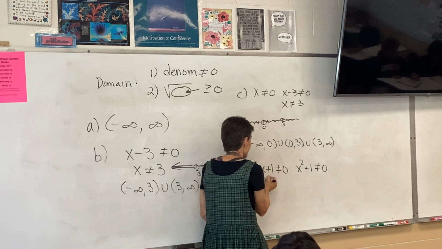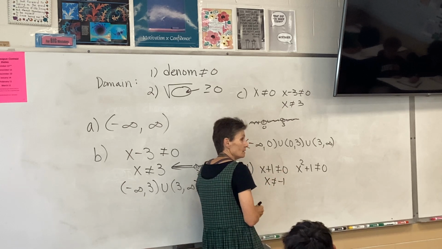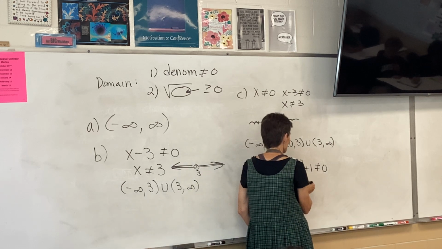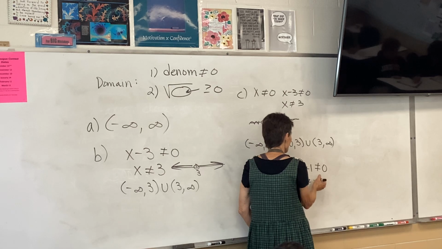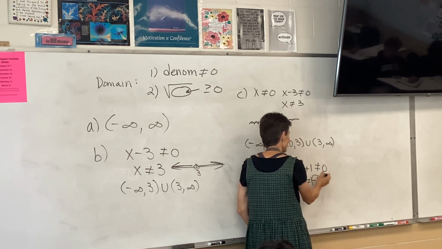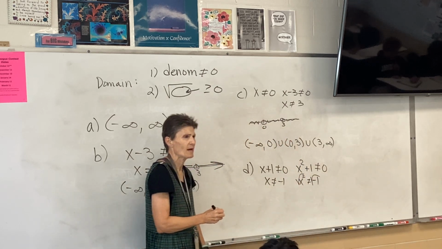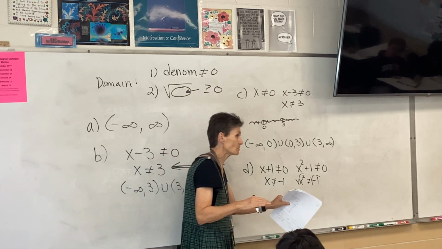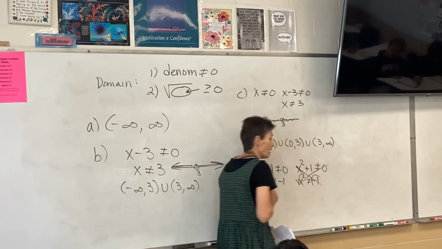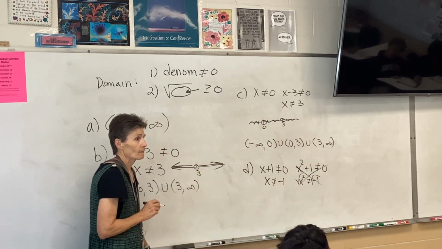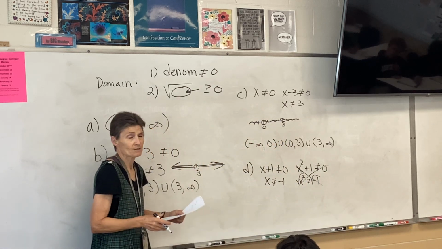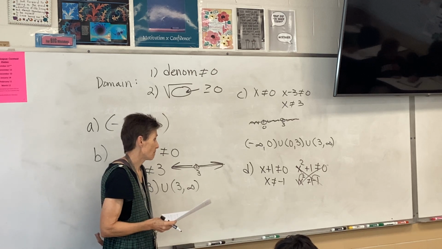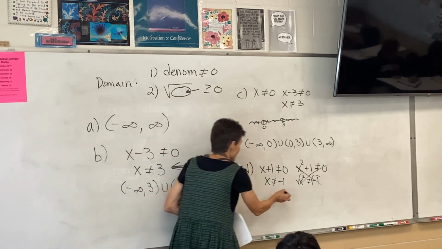This says that x can't be -1. Okay, now wait. This says x squared can't be -1. What's going to happen when I try to solve that? It's an i, and imaginary numbers are not part of our conversation, so we're not worried about that one. If it's not real, we're not talking about it. So far, this is where I am.